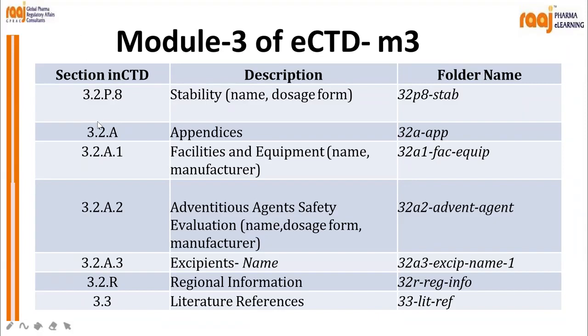Okay. Then the CMC module also comprises 3.2.A, which talks about appendices, that is facilities and equipment, and then A2 is adventitious agents safety.